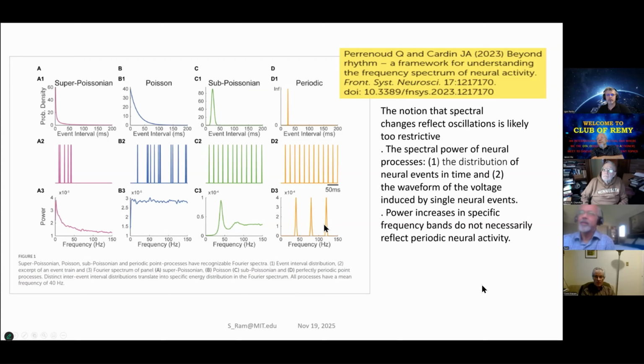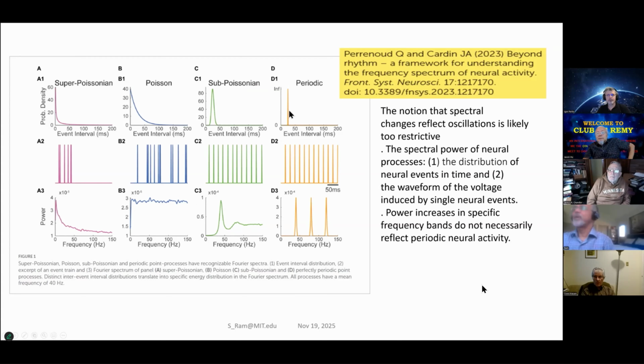spectral power. So a Poisson process, the beautiful thing about it is it has uniform energy in all frequencies. And then if it becomes sub-Poisson, that is, a narrower distribution than this, then it has some spectral peak.